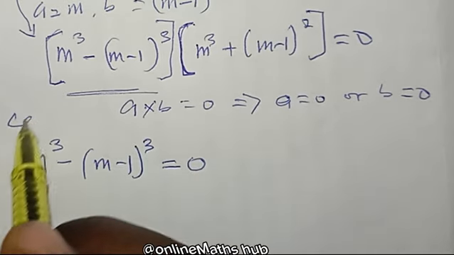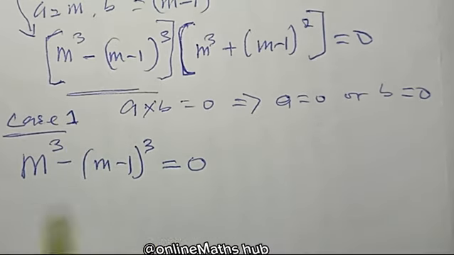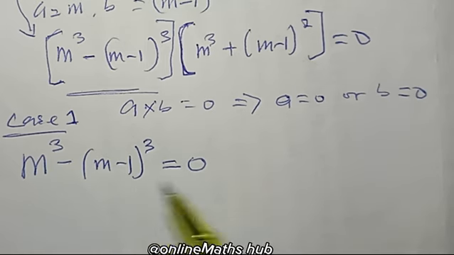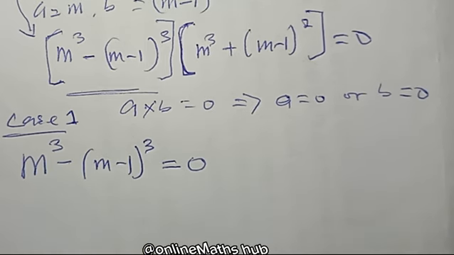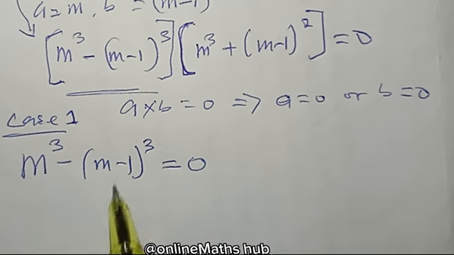Let me call this case number 1. We're going to simplify this and find the value of m that can make this term equal to 0. Clearly, what we have here is a difference of 2 cubes.